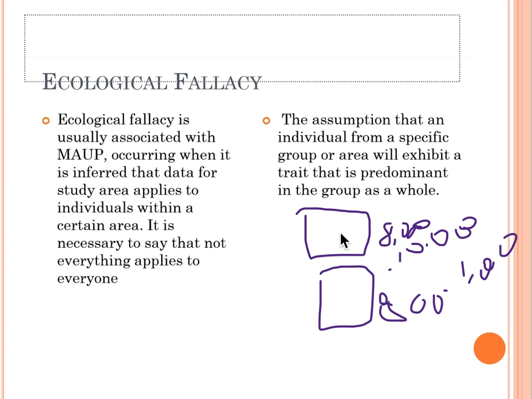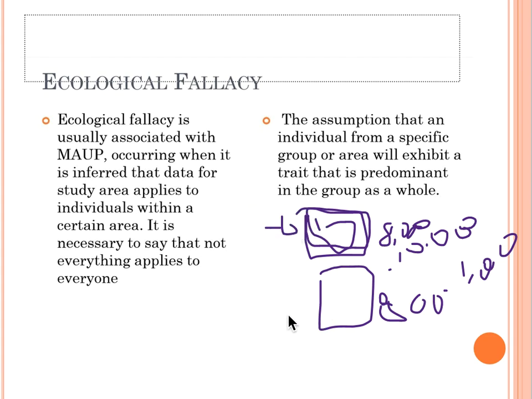It's saying here that everyone in this box is rich, but that's an ecological fallacy because it could be that only one person has an income of 8,000 to 10,000 per month, so it's an ecological fallacy to say that everyone in this box is rich.